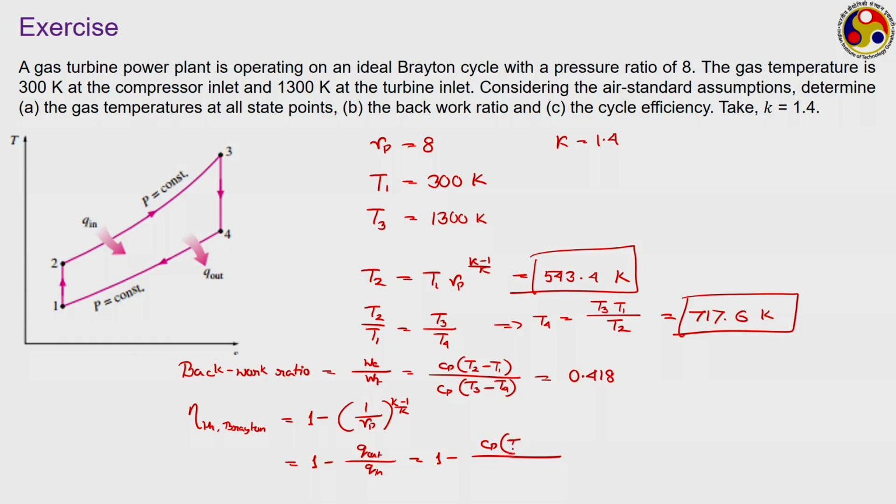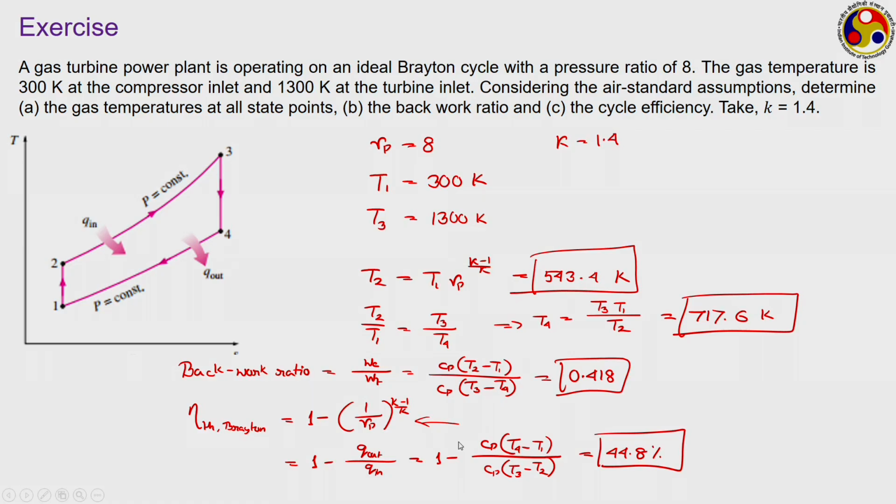Q out will be equal to Cp into (T4 minus T1) and Q in is Cp into (T3 minus T2). Again you know all the 4 temperatures, Cp cancels out, and if you put the values, your efficiency will be coming something like 44.8%. So, that is the thermal efficiency. You can cross check that one by calculating following this relation as well.